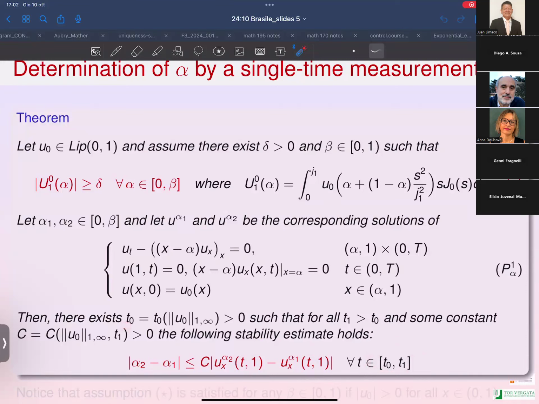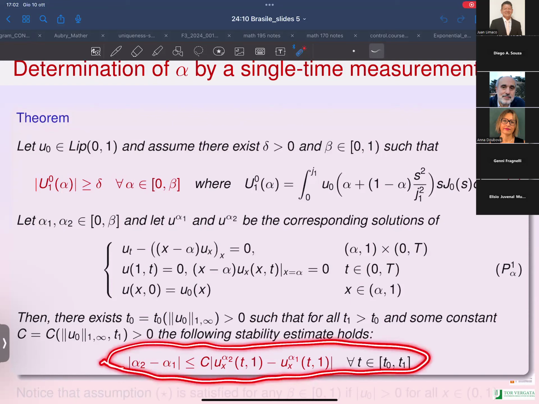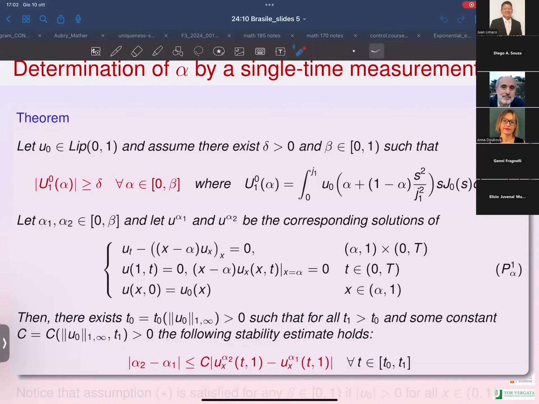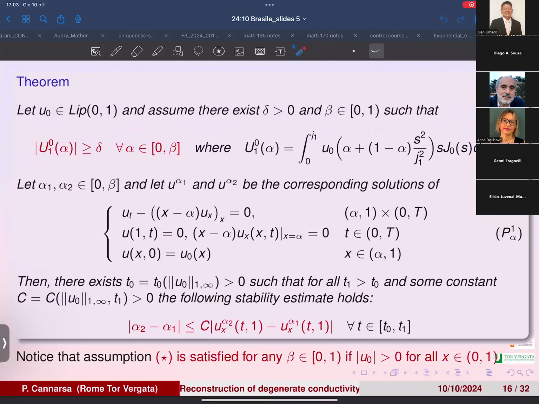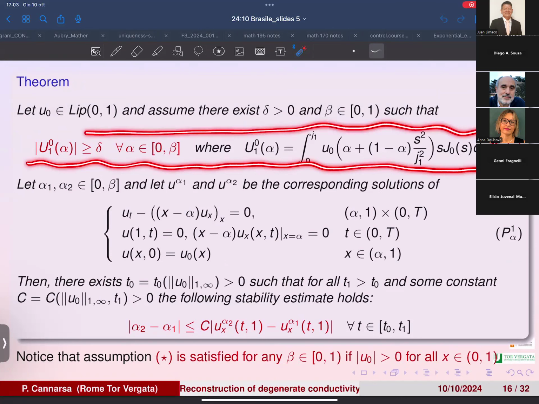So you have to wait some time before the dependence becomes monotone, and even strictly monotone, as this inequality says. It is interesting to stress that the constant here is uniform on the interval. So if you have an error in the measurement, you just move your time a little, which does not affect the information you can derive on the alphas. And another thing is that we have this assumption, which is expressed in terms of Fourier coefficients.